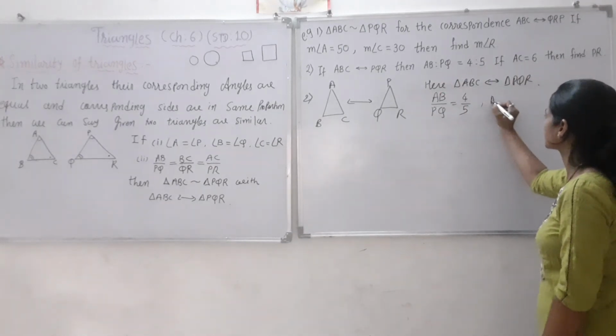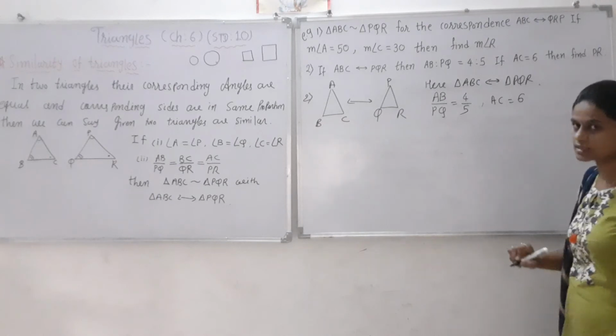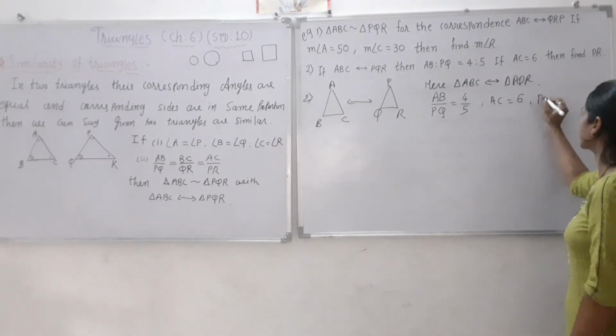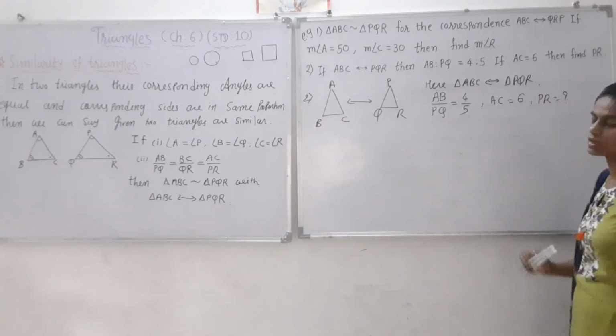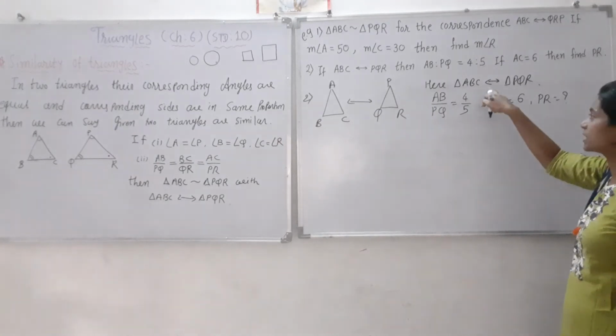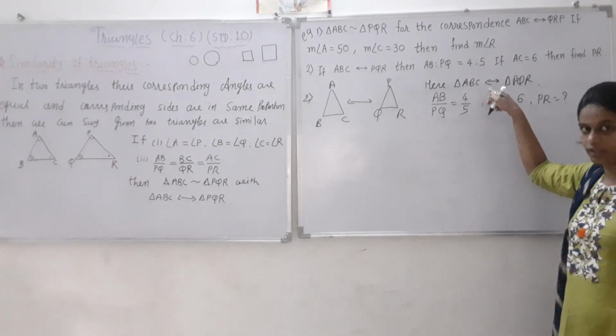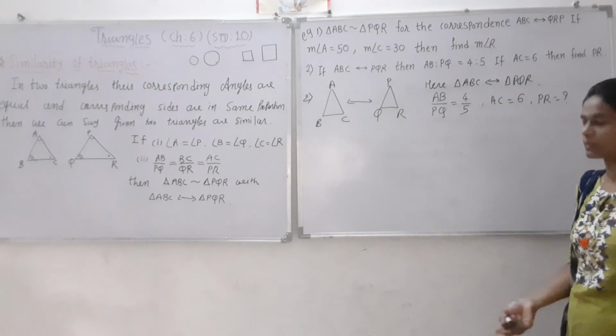If AC is equal to 6, this measurement is given, and you want to find PR, so PR is equal to question mark. Definitely the similarity correspondence is given, so you should use the definition of similarity.